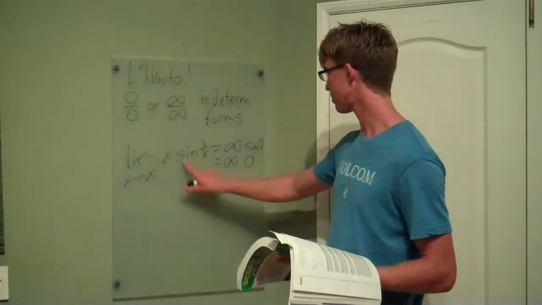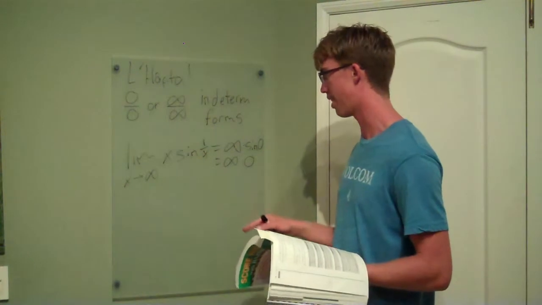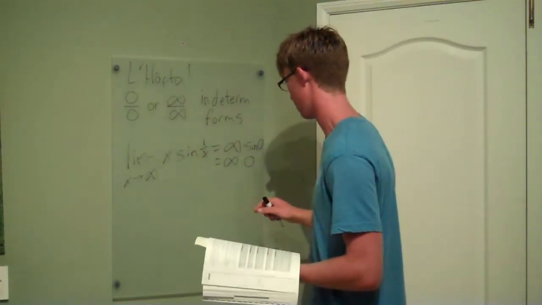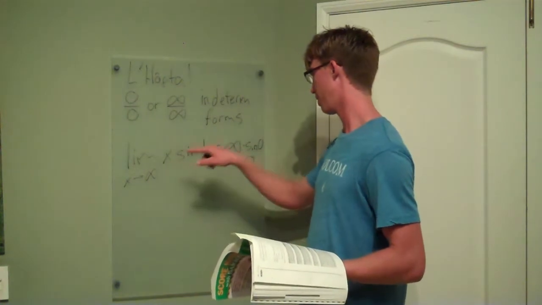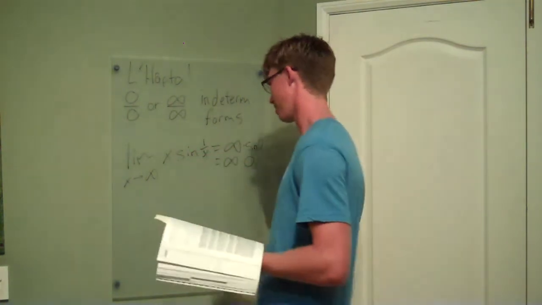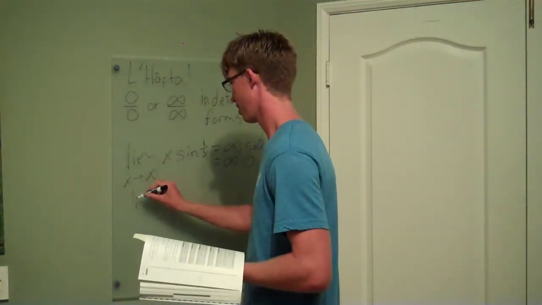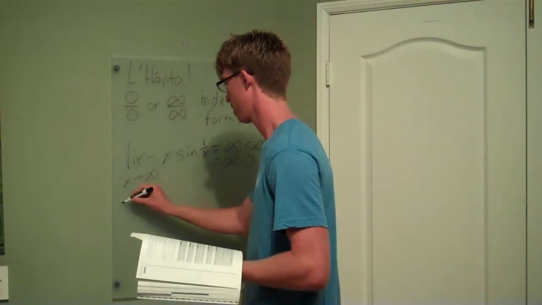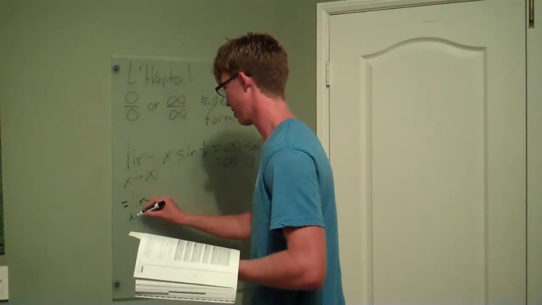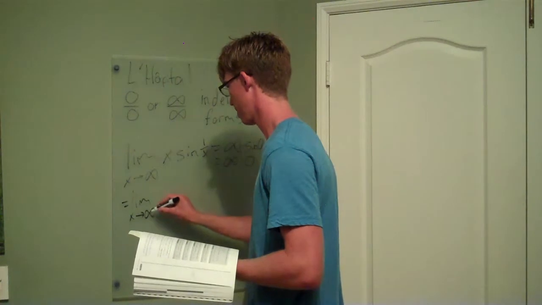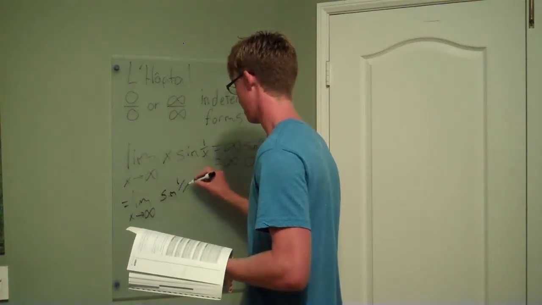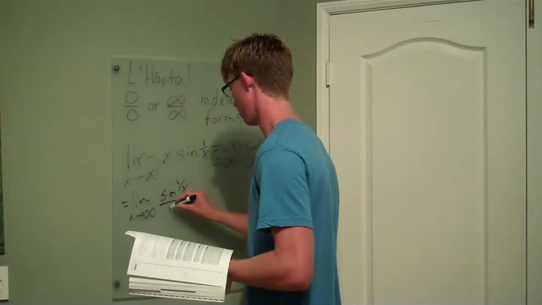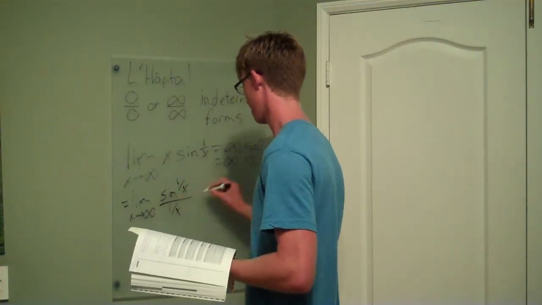However, this right here can be shifted around to give you one of our indeterminate forms. The trick is to take the x and put it in the denominator. So to do that, what you do is take the limit as x goes to infinity of sine of 1 over x over 1 over x.